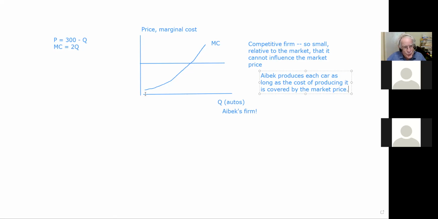So in this case, he could produce, let's say, 5 automobiles. He is making profit on each car because the price covers the marginal cost of that car.